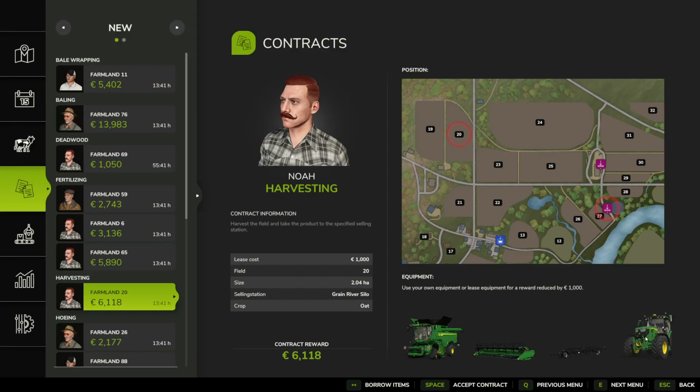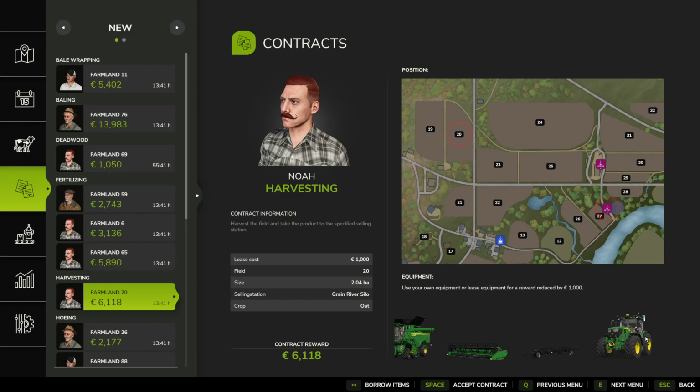And you may only use it for this contract and for other contracts. So if you take up to 3 contracts that all need this combination of machinery, a normal combine with a normal header, then you could borrow those items once and use them for all 3 contracts.